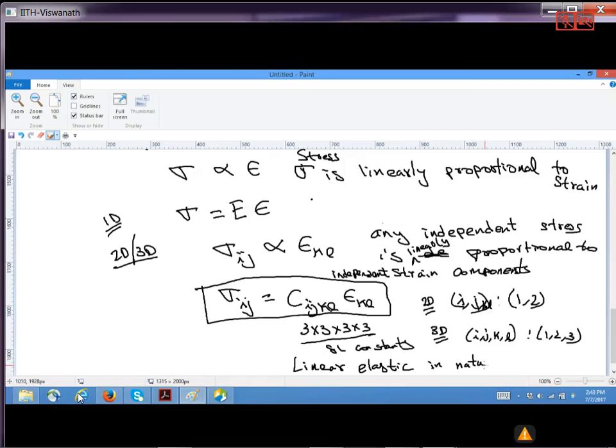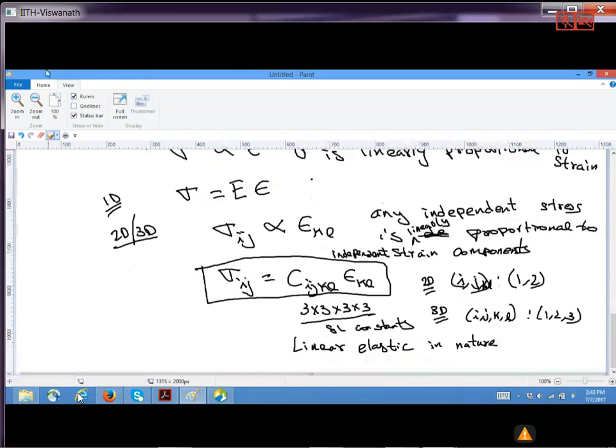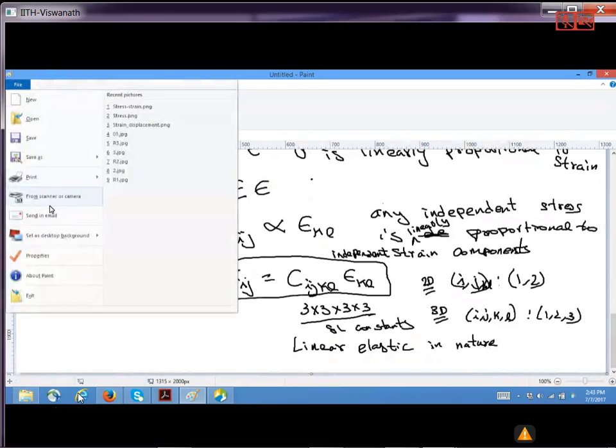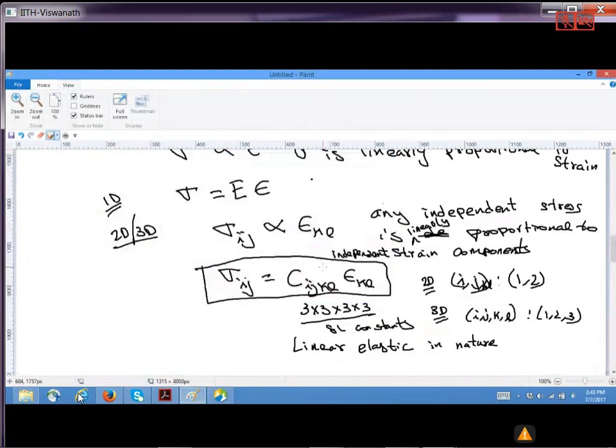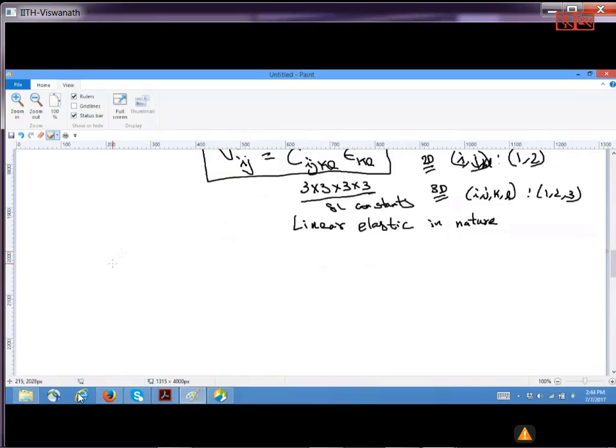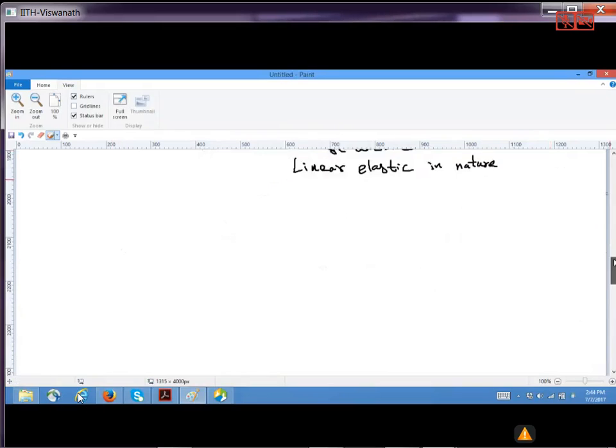However, in most of the cases we study, we restrict ourselves to isotropic material.